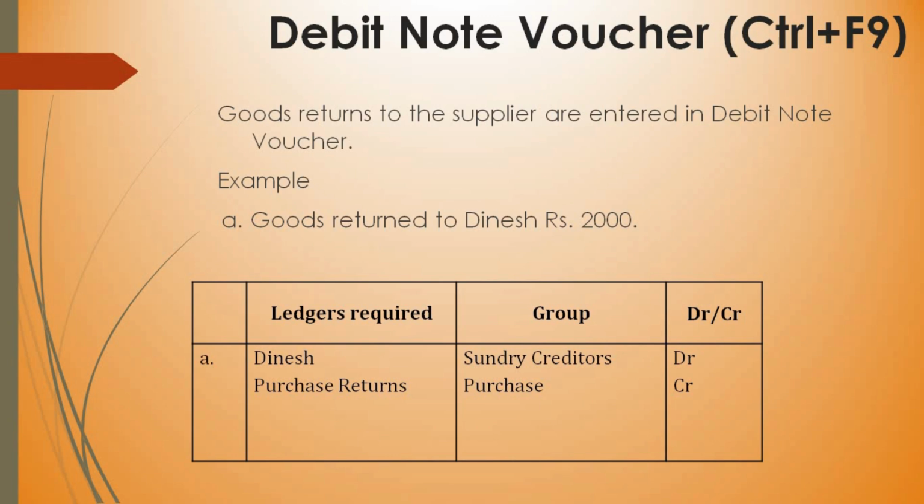Here the two ledger accounts are purchase returns and Dinesh. Purchase returns is under the purchase account. Purchase will be on the debit side, purchase returns on the credit side. Dinesh is under creditors and we put it on the debit side.